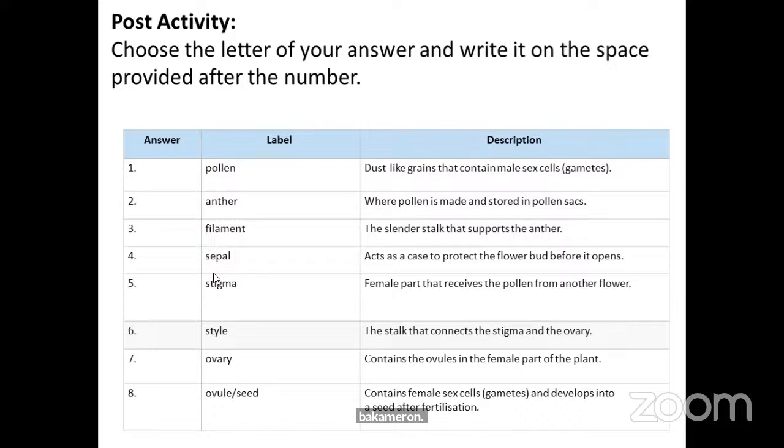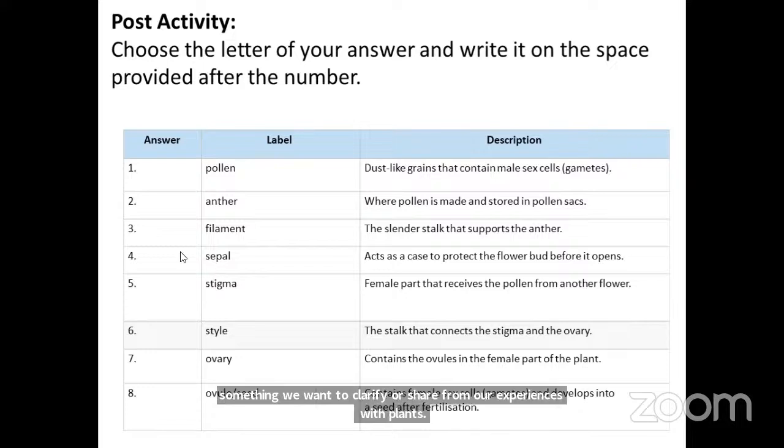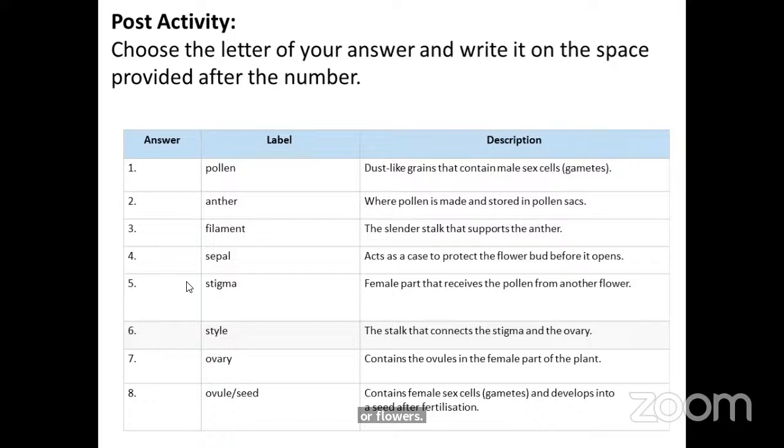From Madam Jusmiati Jafar, anything more? Or something we want to clarify or share from our experiences with plants or flowers? Sharing is very much accepted.